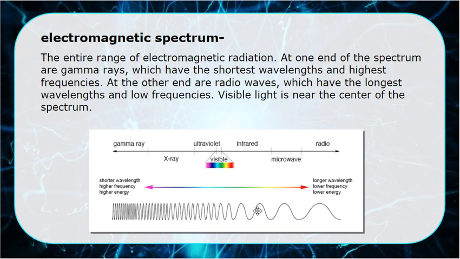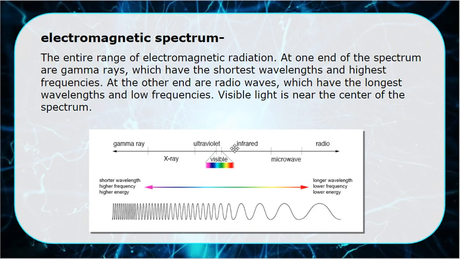It's all of these things. At one end of the spectrum, with the short wavelengths, are the gamma rays. They also have the highest frequencies. At the other end of the spectrum are radio waves, which have the longest wavelengths and low frequencies.